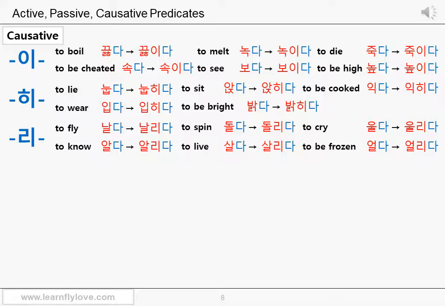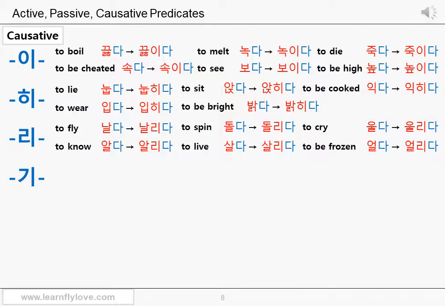But when you want to say you freeze something such as ice, you should use the causative form 얼리다. Okay? Most of the predicates that take the affix 리 in their causative forms have a final l consonant in the stem. So it might be easier for you to remember this one too.